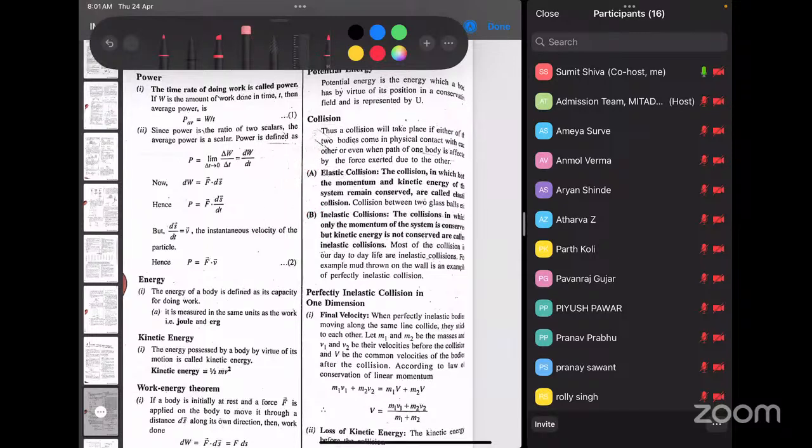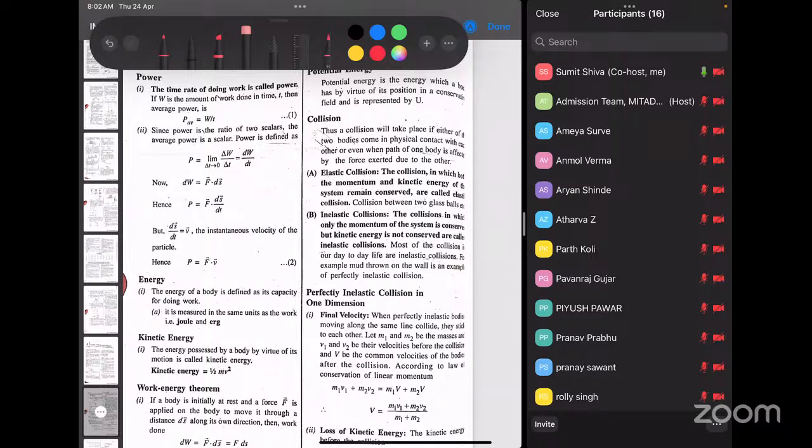What are the conditions for elastic collision and inelastic collision? For elastic collision, delta p is 0, which means overall linear momentum of the system will be conserved or constant. It will not be changing. Kinetic energy delta k is also 0, which again implies that overall energy of the system will be constant. It is not going to increase or decrease during the collision.